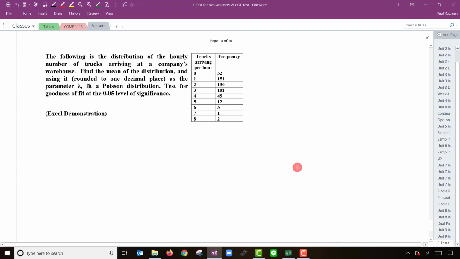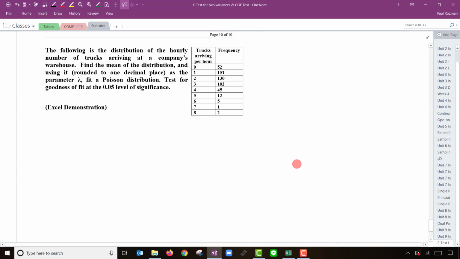We'll do a little Excel demonstration. We have trucks arriving at our warehouse. Sometimes during a given hour, no trucks show up. Sometimes during a given hour, one truck shows up. Sometimes 8 trucks. I guess sometimes 97 trucks could show up, but that's very, very unlikely.